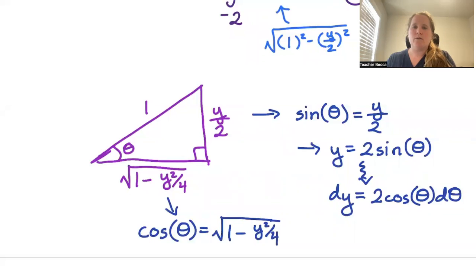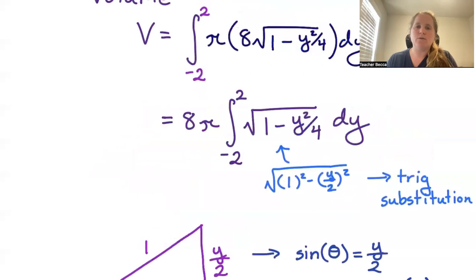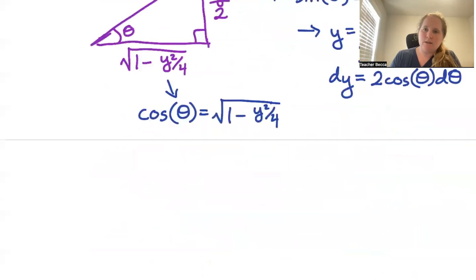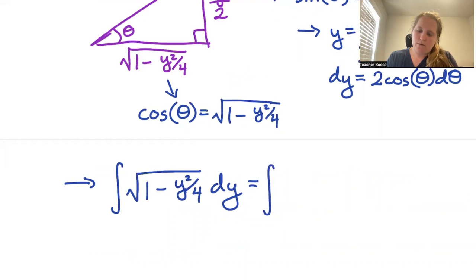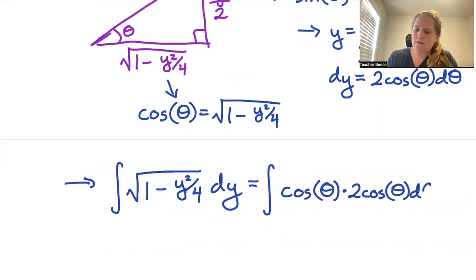So from here, we can go ahead and switch over to our integral. Doing just the indefinite integral first, we have the integral of the square root of 1 minus y squared over 4 dy. This is equal to the integral of cosine of theta times 2 cosine of theta d theta.